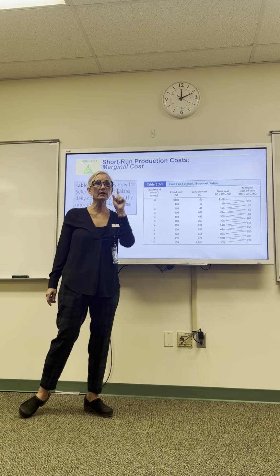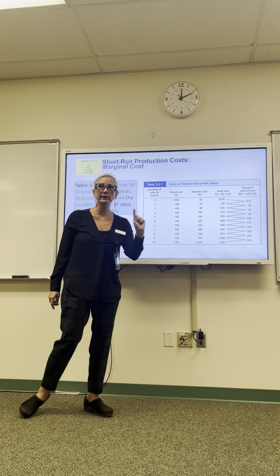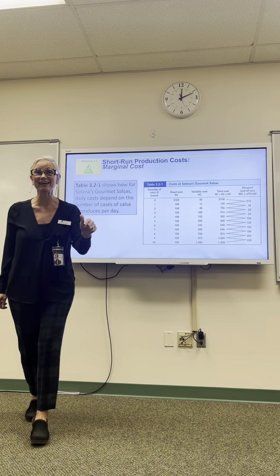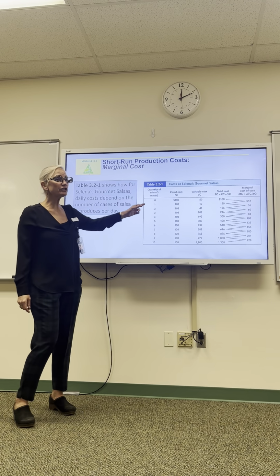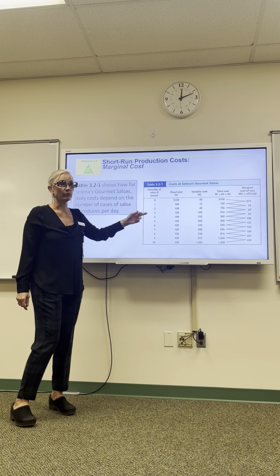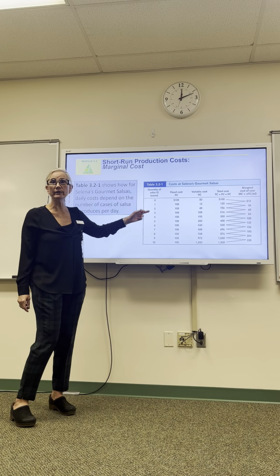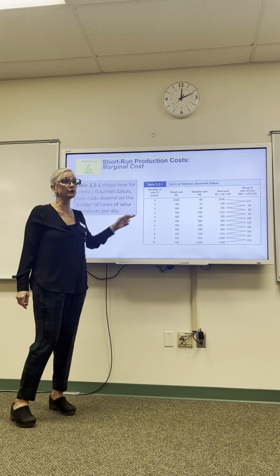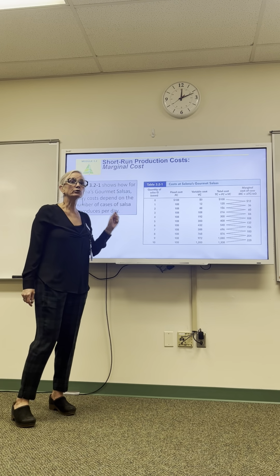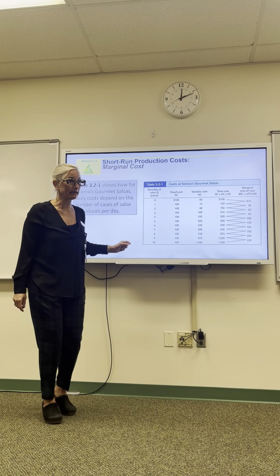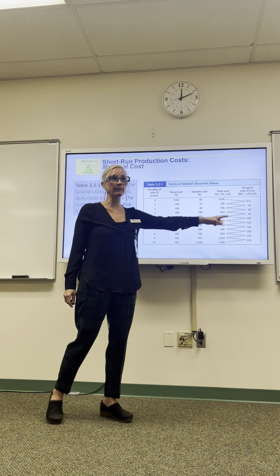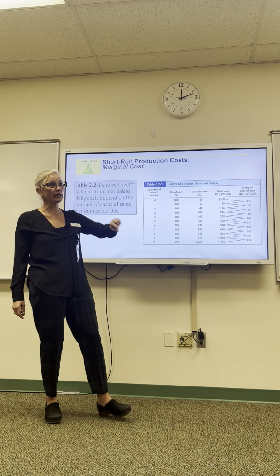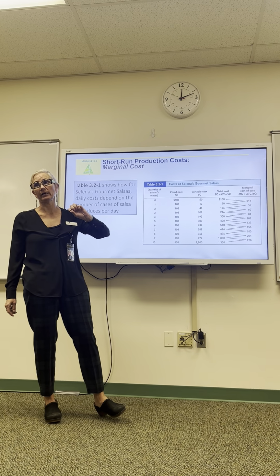But there are frequently questions on my test and on the exam that are going to switch this up, and they are going to have units of quantities that are different than going up just by one. So don't make the mistake of forgetting that the marginal cost formula includes the change in output in the denominator.